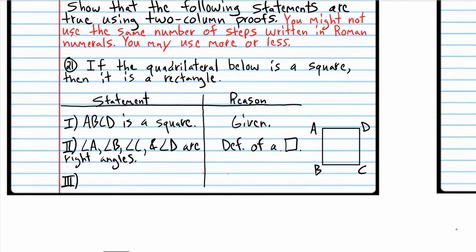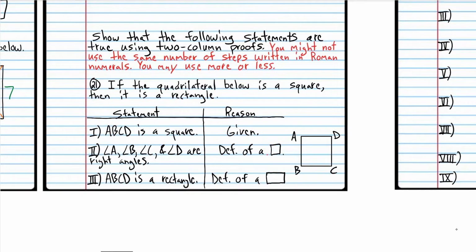At that point, because all 4 angles are right angles, we can then say that ABCD is a rectangle, because that's the definition of a rectangle. It's a quadrilateral where all 4 angles are right angles. So that was pretty easy.